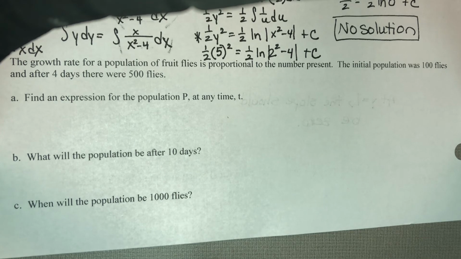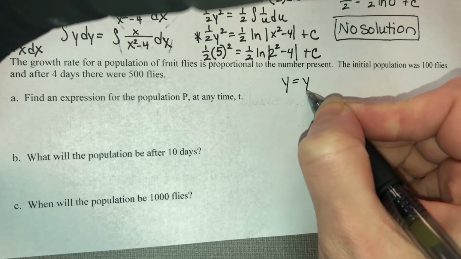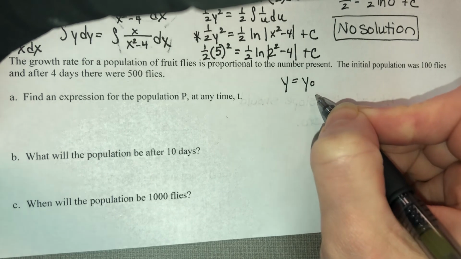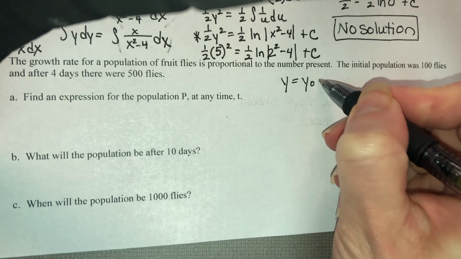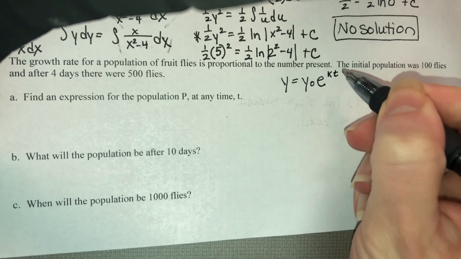All right, in Algebra 2, you learned a general exponential growth model. It was kind of like the PERT formula. Students seem to remember the PERT formula for continuous compounding money a lot. But it was like the output is equal to the starting value, so y naught is your starting value, times e to the power of kt.